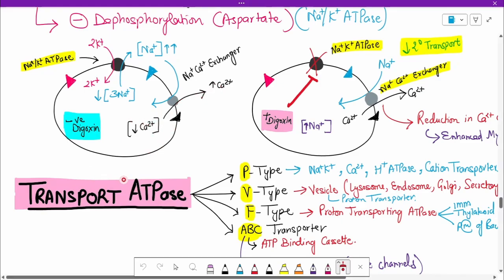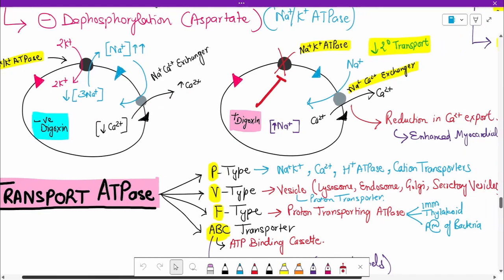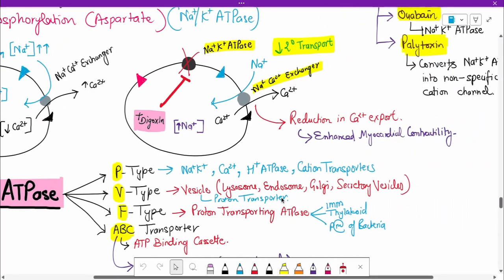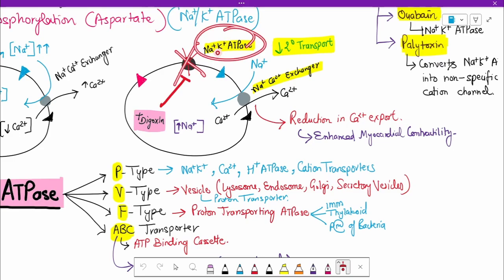But what will happen when digoxin is present? When we take digoxin, this digoxin will inhibit the sodium potassium ATPase. Now sodium potassium ATPase will be inhibited, and it will automatically inhibit this antiporter as well, because if the gradient is not established, the gradient direction changes, there will be lesser sodium ions coming inside, and lesser calcium ions going outside.